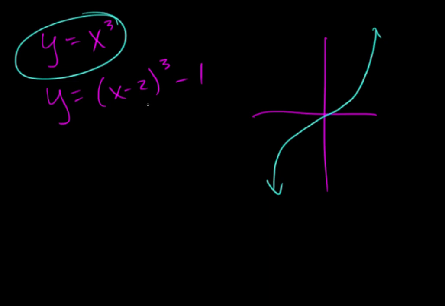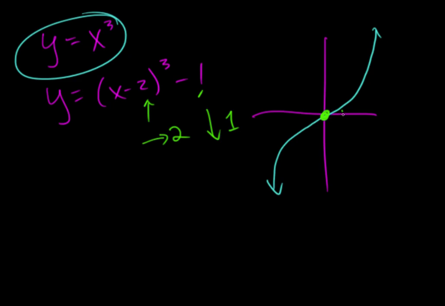Alright, now this negative 2, that's going to shift to the right 2. And this is going to go down 1. Okay, just like all the other transformation lessons we've talked about, it's kind of the same thing. I like to move the origin point and then just redraw it.